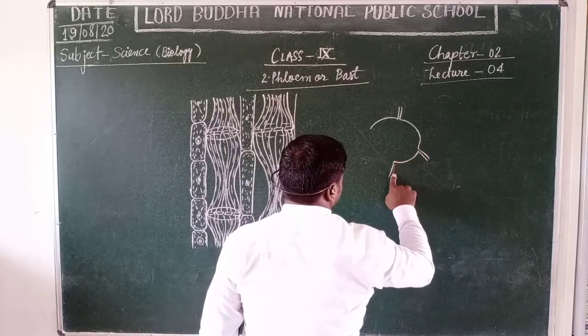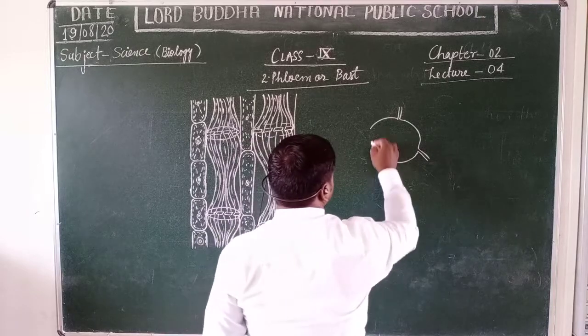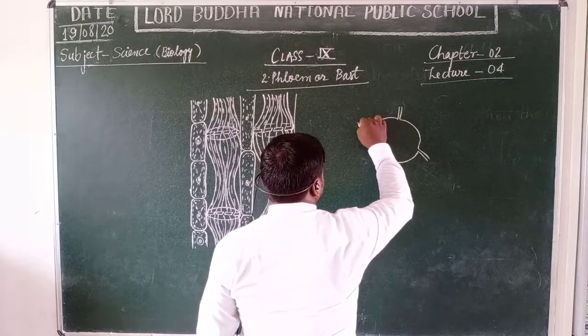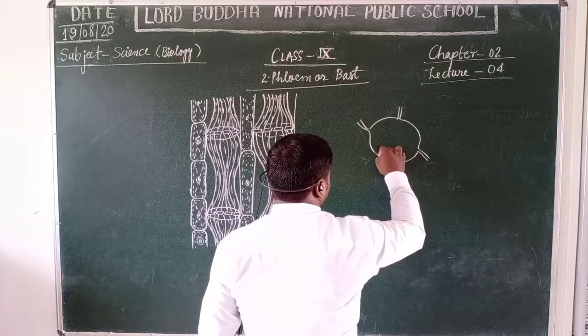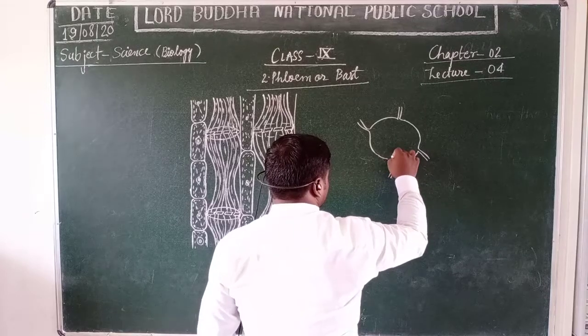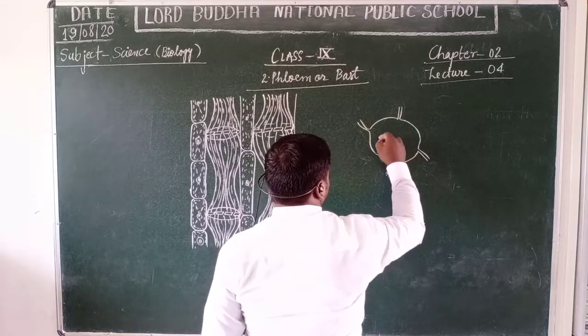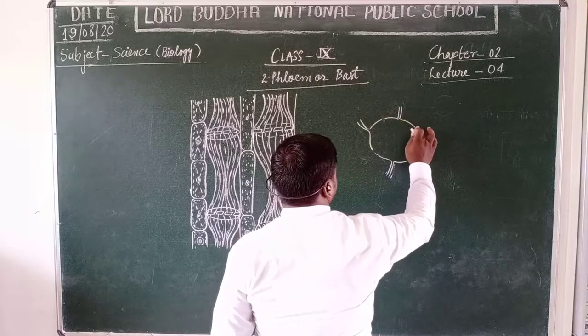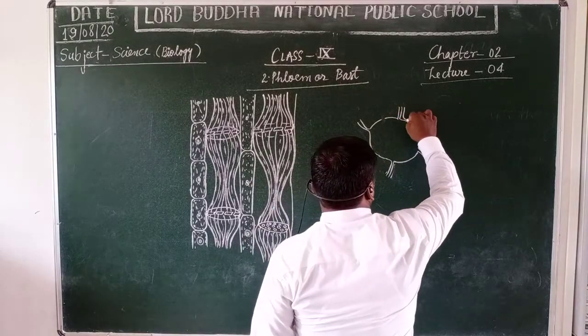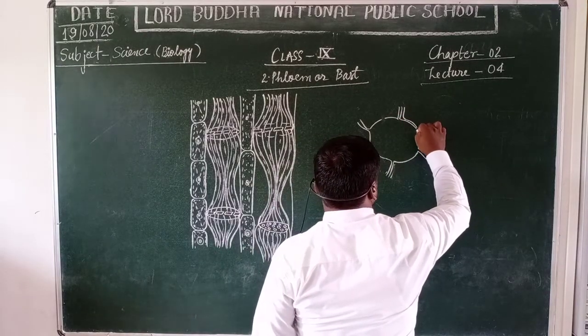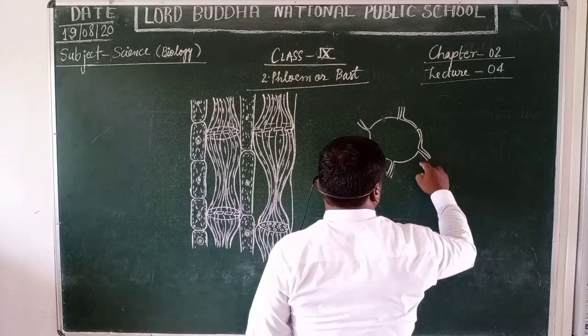Here I also gave a structure of a lateral section of a phloem cell so that you can understand these structures very well. In between the phloem wall there are numerous pits present.